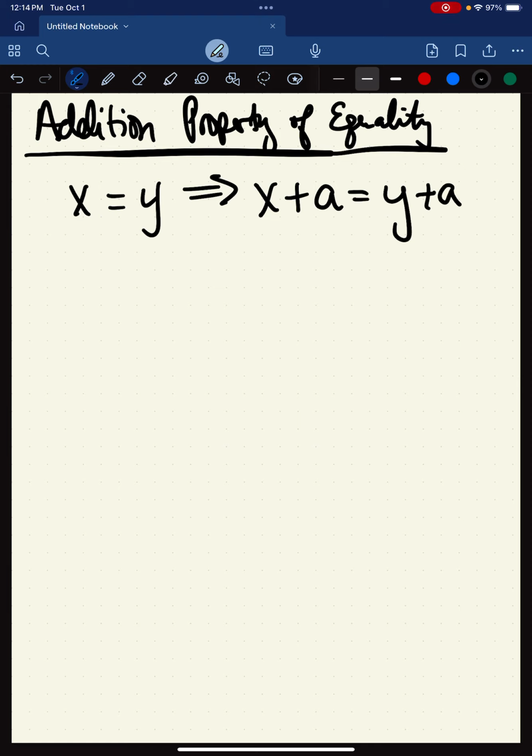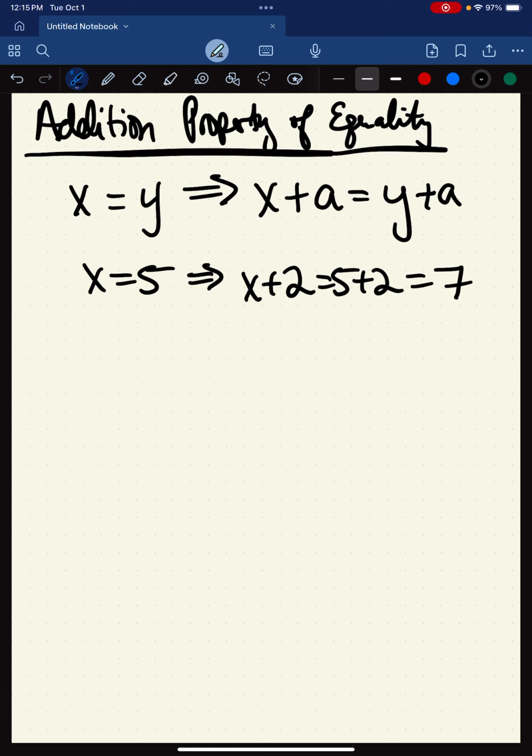So this is probably a good thing to put as an example. Let's say that x is 5.